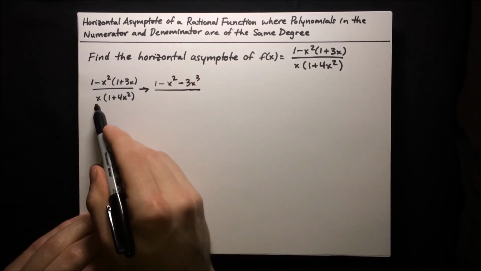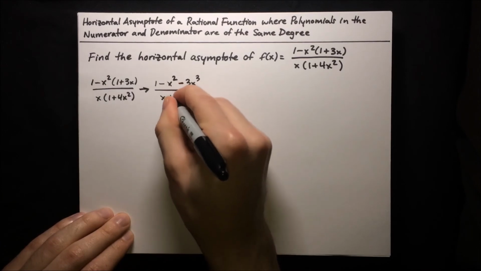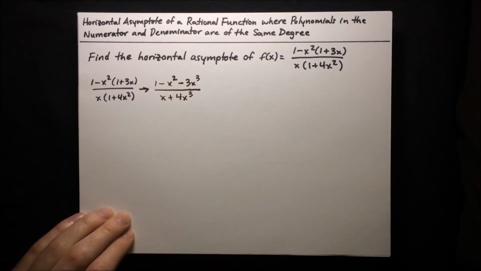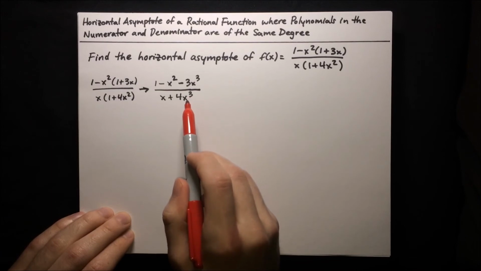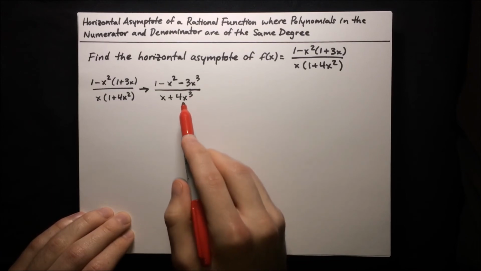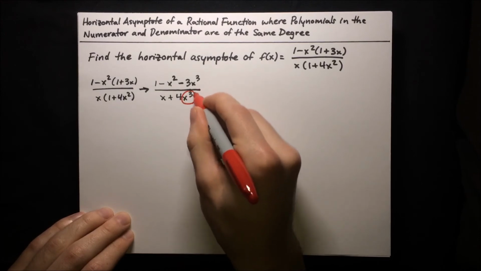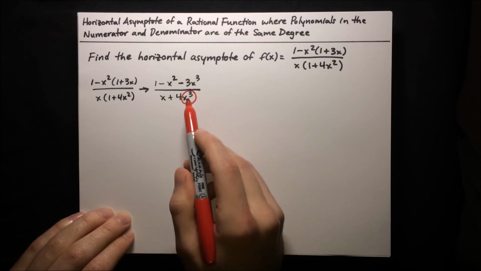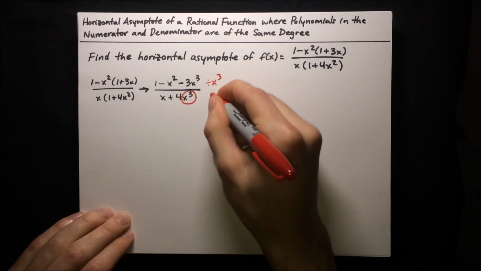And then on the denominator, just distribute the x to both terms, so just x plus 4x to the third. Okay, now we can tell what the leading order term is. It's just that 4x to the third in the denominator. So we're going to focus on the x to the third part. Don't worry about the coefficient at all, just focus on the x to the third, and we're going to divide the top and the bottom by that leading order term, x to the third.